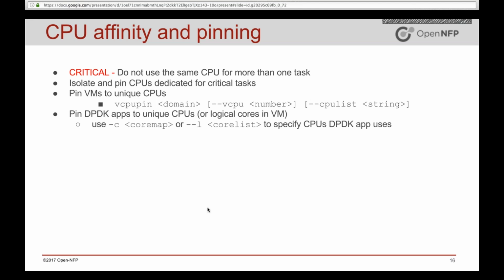And then if you're using DPDK-based apps like MoonGen or DPDK PacketGen, in addition, those applications themselves can be configured to use specific CPUs. In fact, you must provide specific CPUs for those apps. But at the same time, you must ensure that those CPUs are not allowed to be used by any other tasks at the same time.